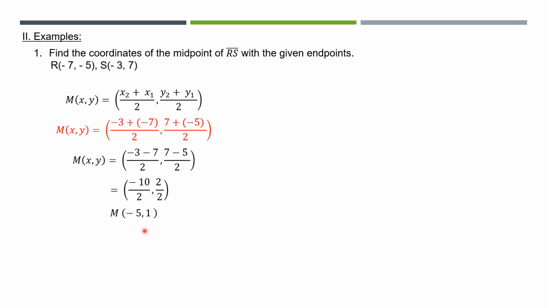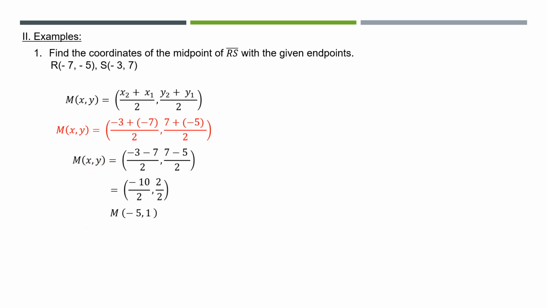So M, the midpoint, turns out to be -5, positive 1, by simply substituting and simplifying. Please note there's no equal sign here because this answer is this. So you'll notice there's no equal sign.